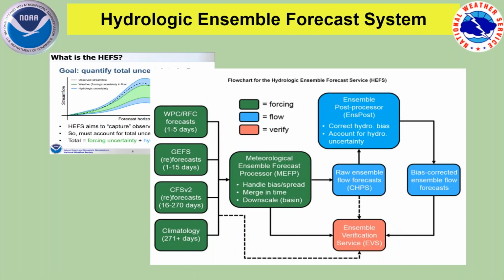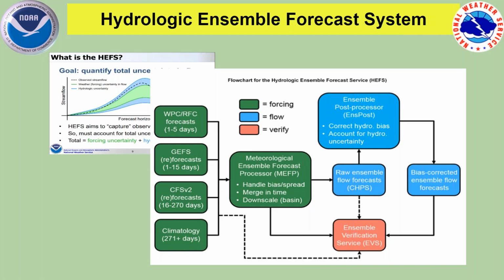There's a lot of information that goes into this, and I'm certainly not going to quiz you on this flow chart, but I wanted to show you it is a complex process. The values being put in are river forecast precipitation forecast out to 5 days, and then there's a Global Ensemble Forecast System, which takes precip and other types of data, 1 through 15 days, and an NWS Climate Forecast System.